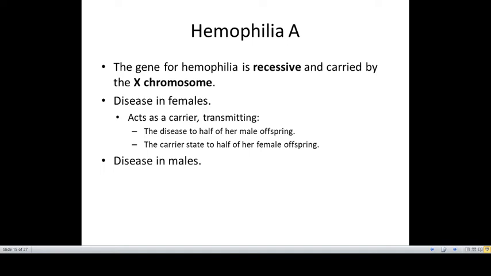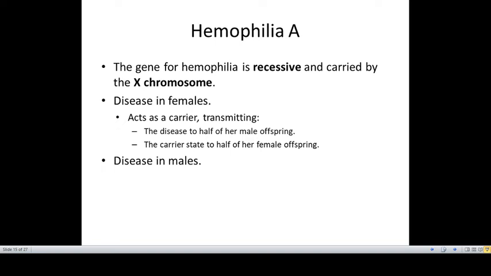The gene for hemophilia is recessive and carried by the X chromosome. Because this gene is recessive, disease in a female occurs only if both of her X chromosomes carry the defective gene. But this almost never happens because one of her X chromosomes has the appropriate gene.